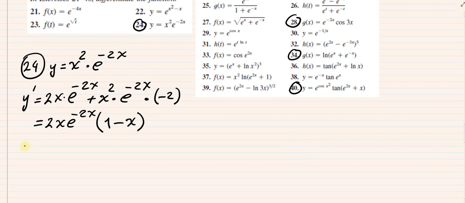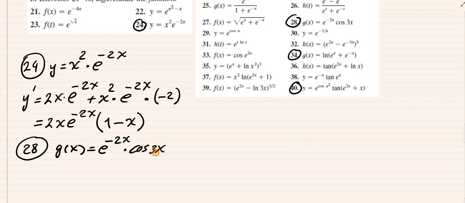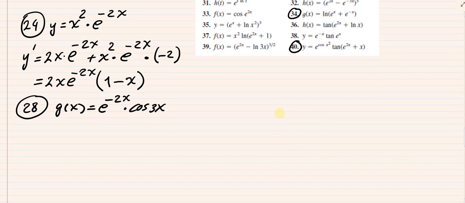Let's try number 28. In number 28, we want to find the derivative of e to negative 2x times cosine 3x. So again, we're going to use the product rule.